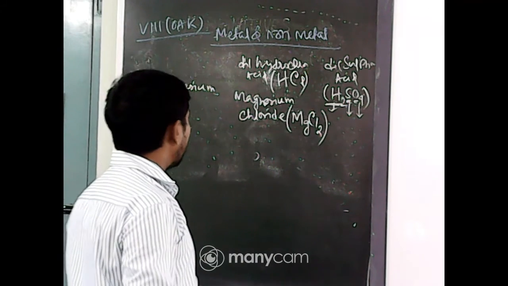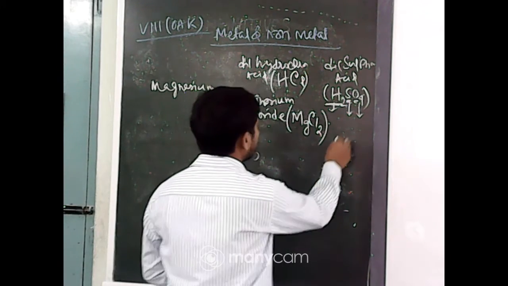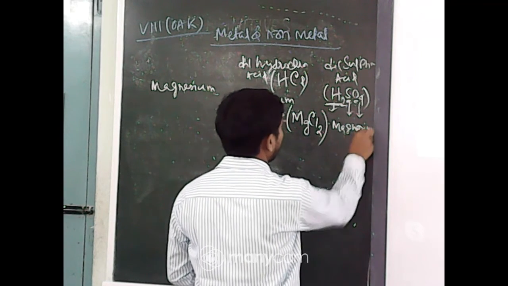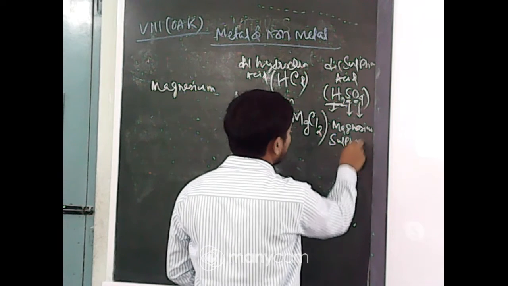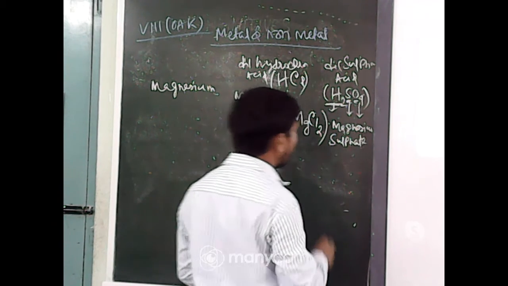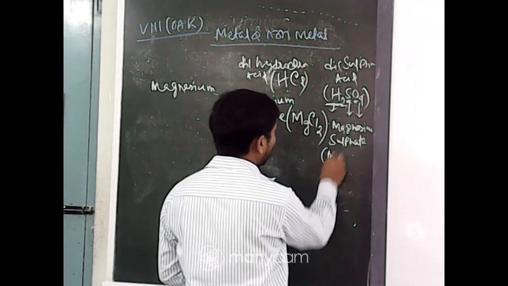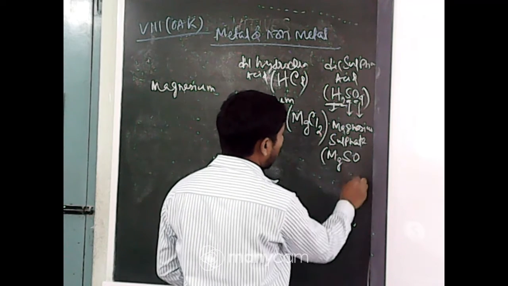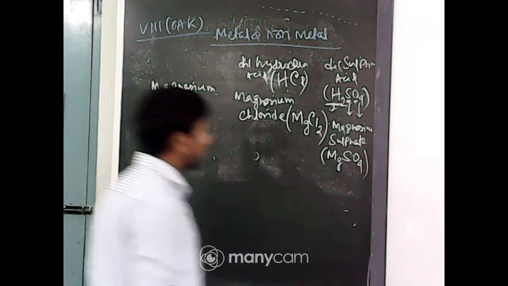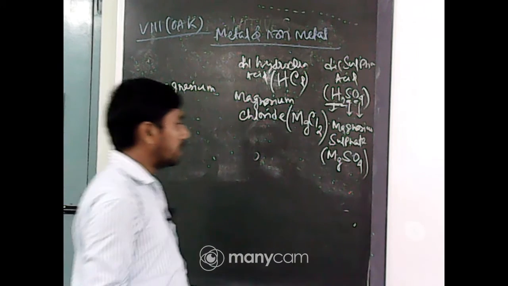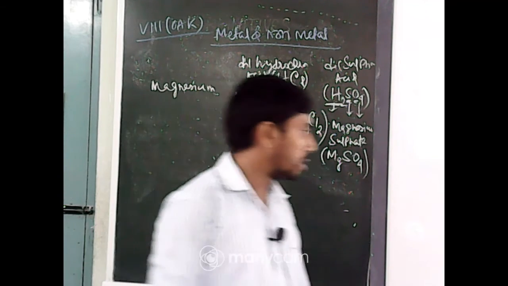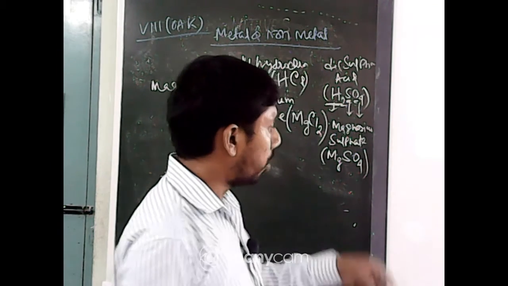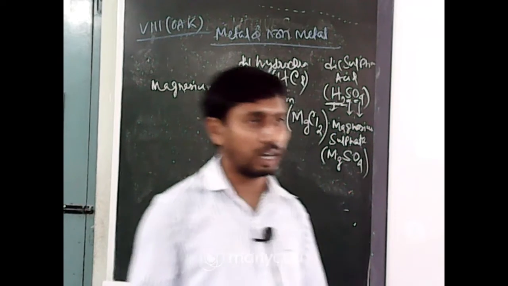Next, for sulfuric acid it is magnesium sulfate, spelled sulphate, and you may also write sulfate. What is the formula of that? M capital, G small, S capital, O capital, subscript 4. You have to write it in this manner. Yes, 4 will be in the subscript, but according to the virtual class, you are okay.